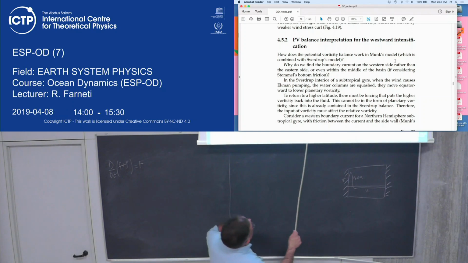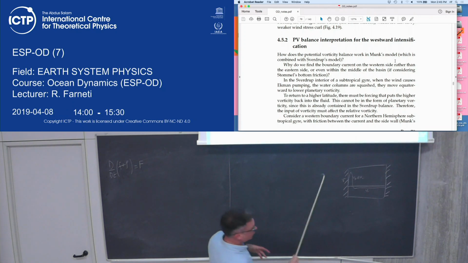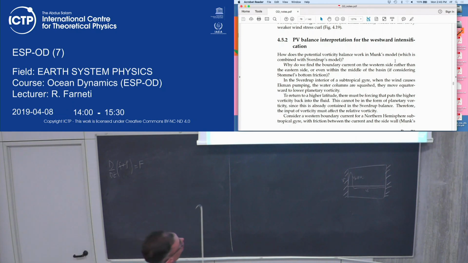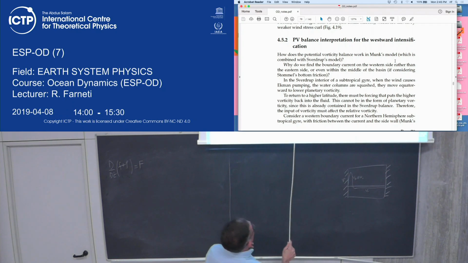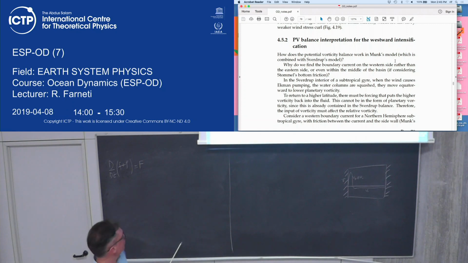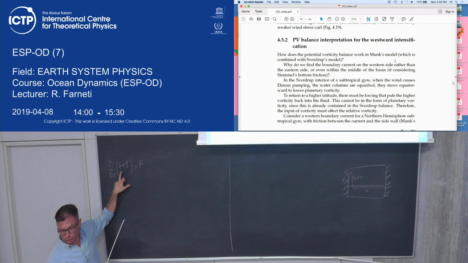If the isopycnals are squashed, then in the interior solution relative vorticity will not change. It will not start spinning faster or slower in its own place. But what the entire interior ocean will do is move towards the equator in order to lower planetary vorticity. There's an input of vorticity. This is not going to change, so f will change to balance vorticity.